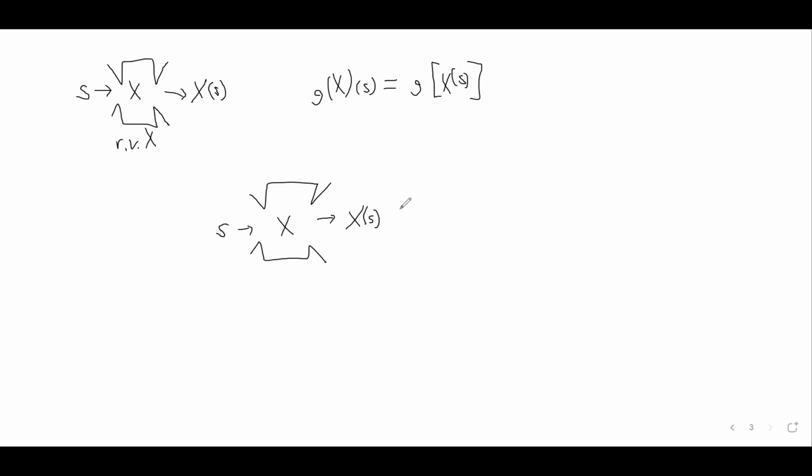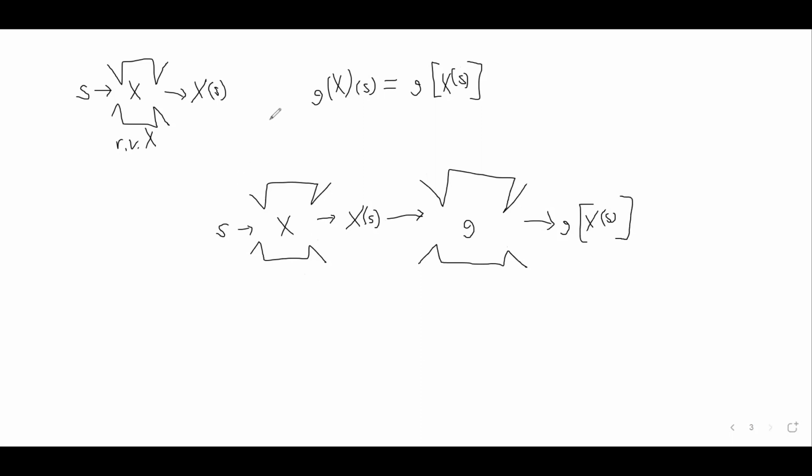G is now performed on x of s. And so now we're going to take that x of s we got out of the random variable x, and input that into another function. And that function is given to us by g. We're given x and we're given g. And so when we put x of s into g, the output is g of x of s.